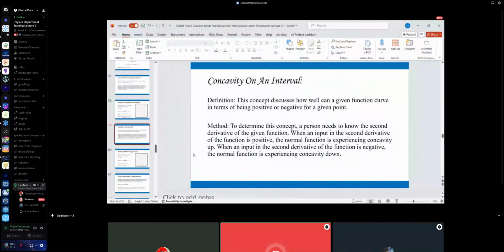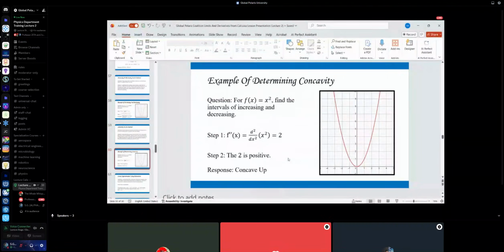A positive value in the second derivative means the normal function has concavity up, and negative gives concavity down. That's why in the optimization problem, concavity down meant that there could be a maximum.